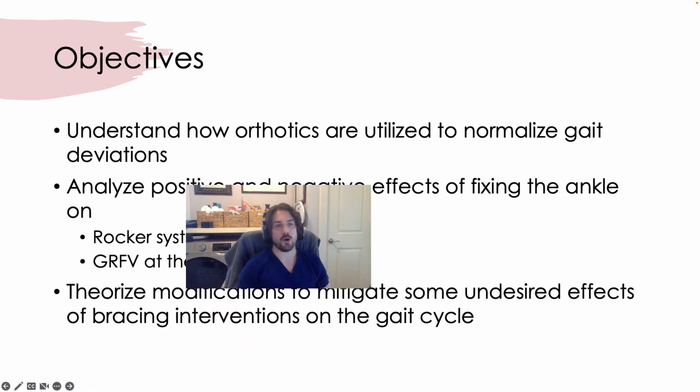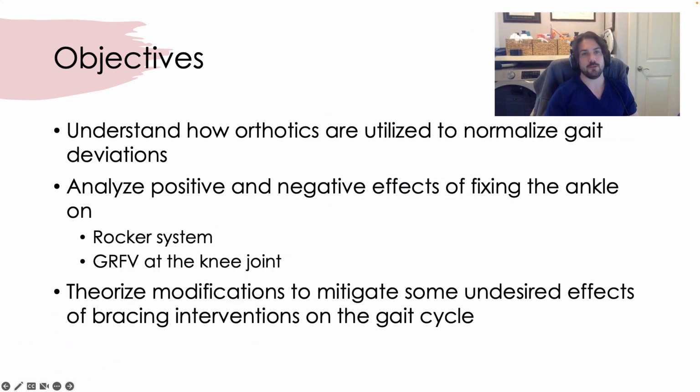So, our objectives are going to be to understand how orthotics are utilized to normalize gait deviations, analyze the positive and the negative effects of fixing the ankle on our rocker system and our ground reaction force vector at our knee joints. That's going to be as far as I really want you to go.